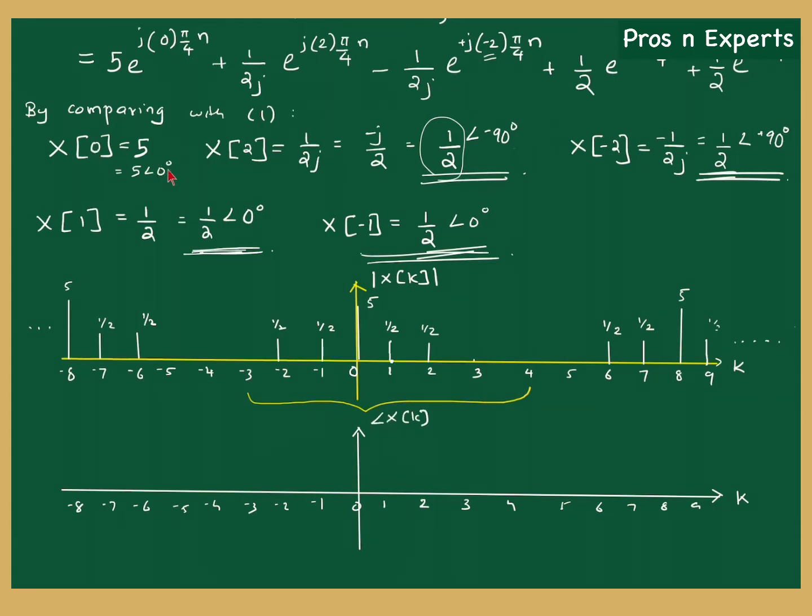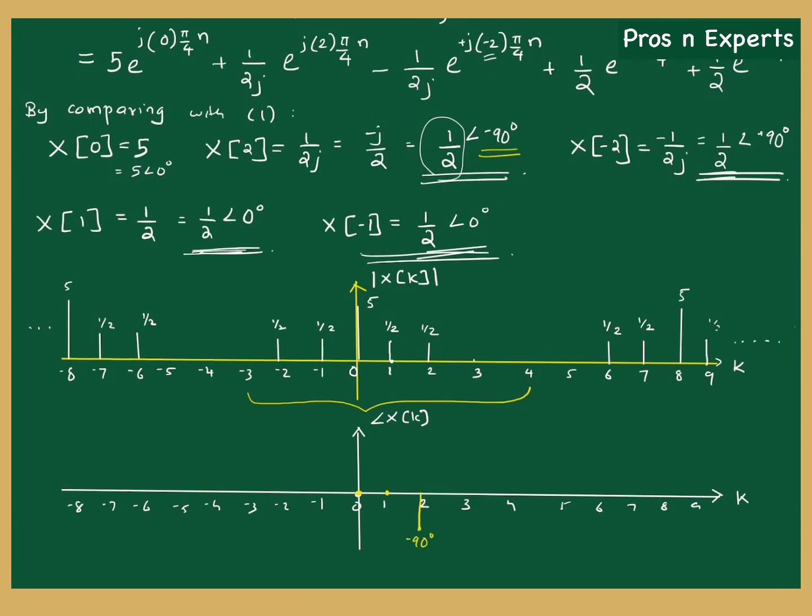What is angle of x of 0? It is 0 degree. What is angle of x of 1? It is also 0 degree. What is angle of x of 2? X of 2 is -90 degree. So here we can have -90 degree.